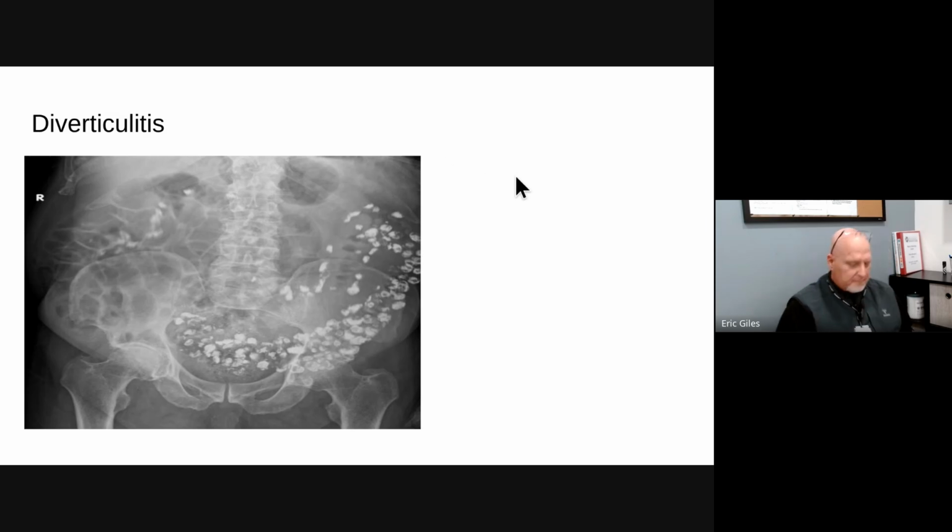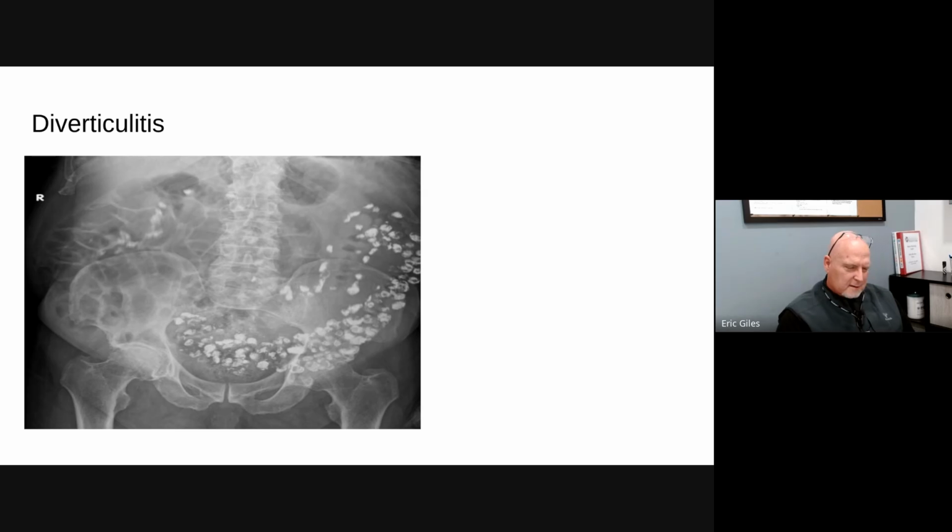Diverticulitis. Okay, this picture looks like it was taken post a CT or something where they use oral contrast. And when I say oral contrast, it's a liquid that you drink that makes your small bowel and your large bowel show up a little bit better on a CAT scan. And we used to do X-ray studies on these all the time, and they're pretty neat actually. But what's happened here is the contrast has evacuated from the bowel.